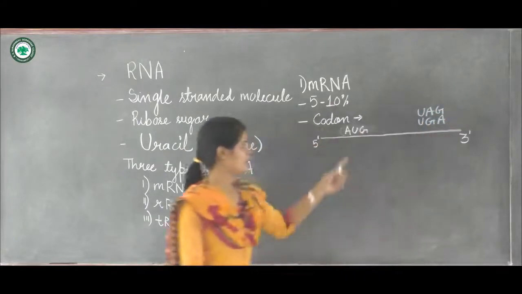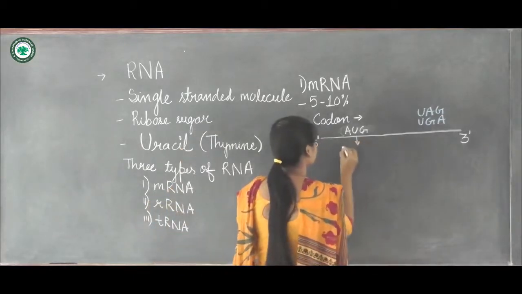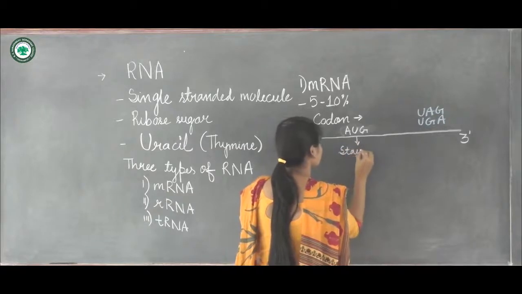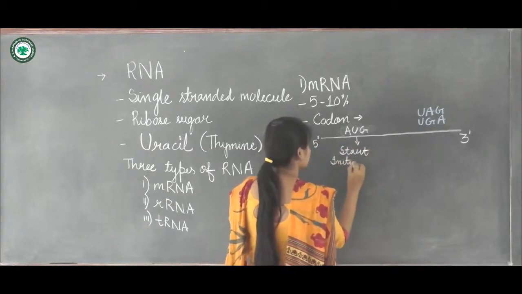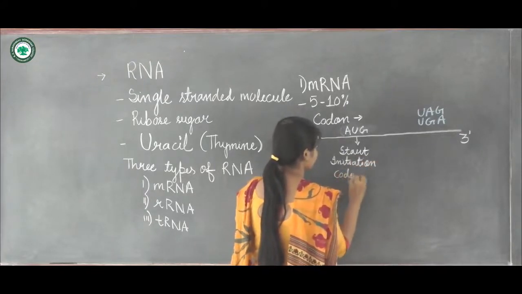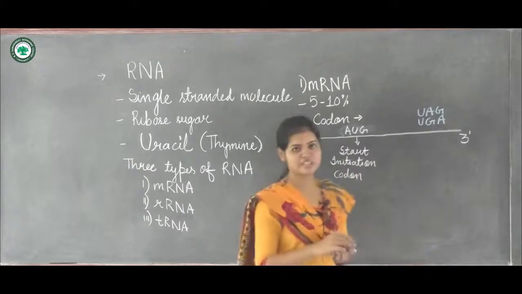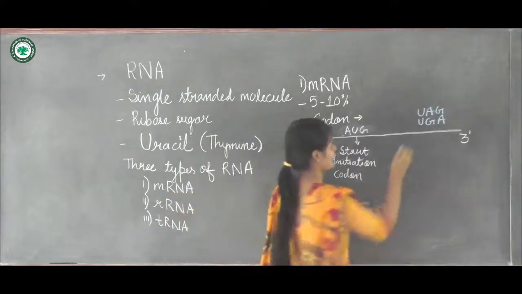The start codon is AUG, and the stop codons are UAG, UGA, or UAA.